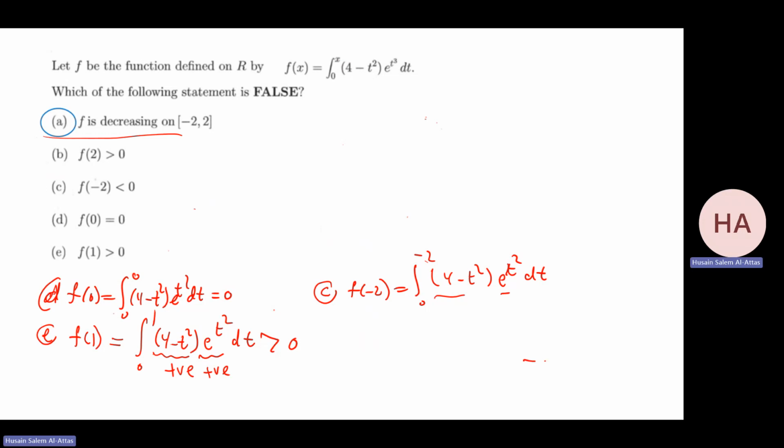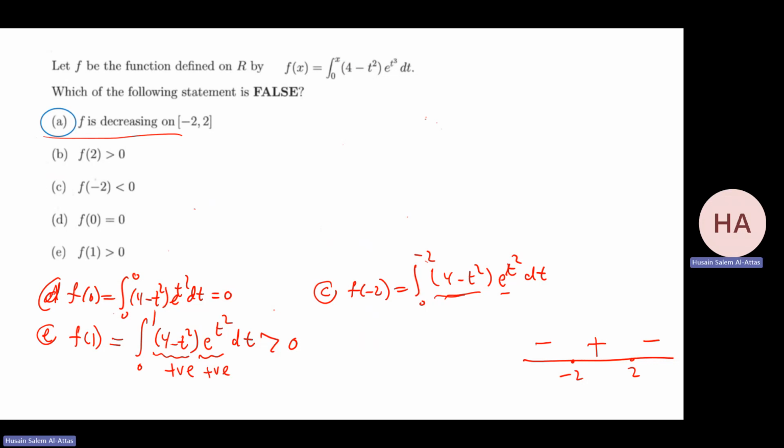Notice this is what? I have minus 2 to 2. These are the zeros. And they have between, before minus 2, take minus 3. That will be negative. Minus 2 to 2. That will be positive. And then negative.